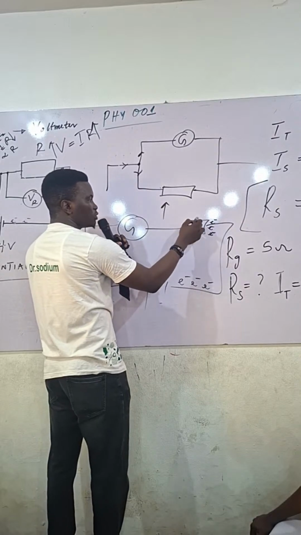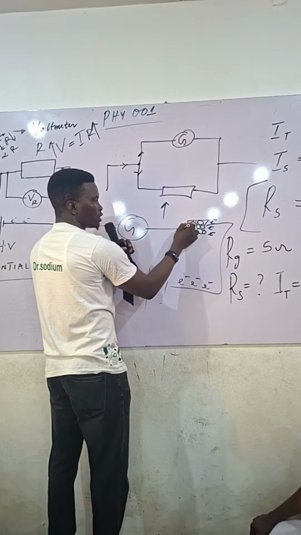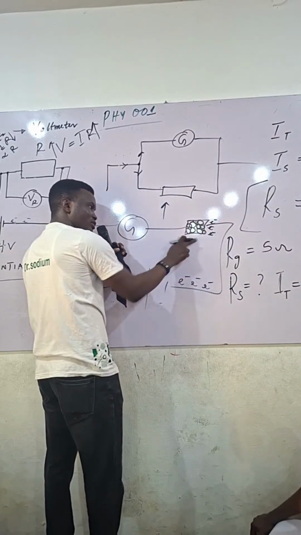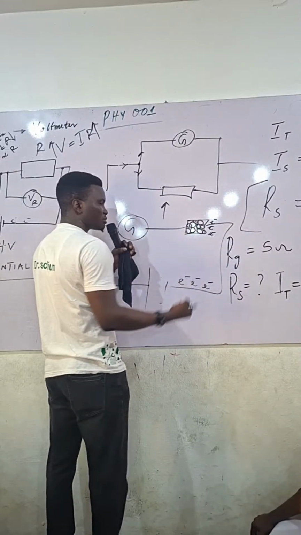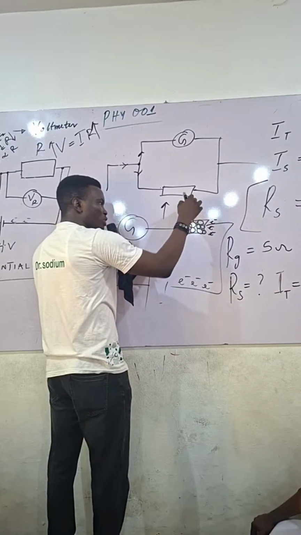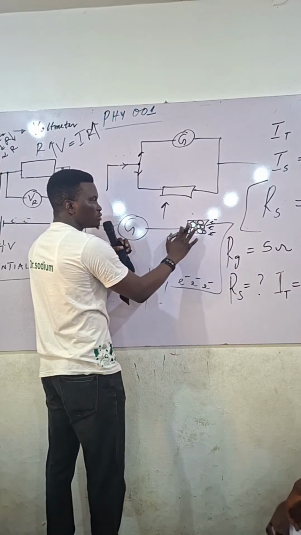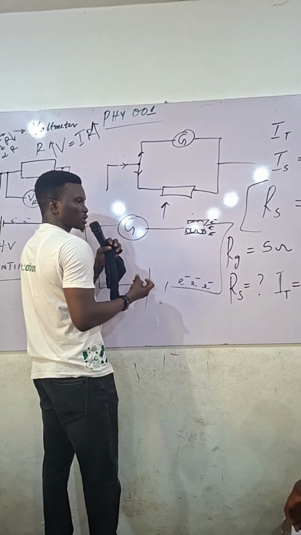But when you are doing the work, there is a lot of resistance that doesn't want them to move. But you still want them to move because they don't have any choice of where to go. That means that you will find a way to push them with force. That means you are going to do extra work. But if you leave spaces, they will just pass easily. I hope you are getting it.